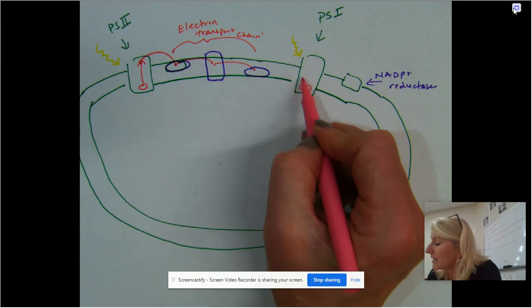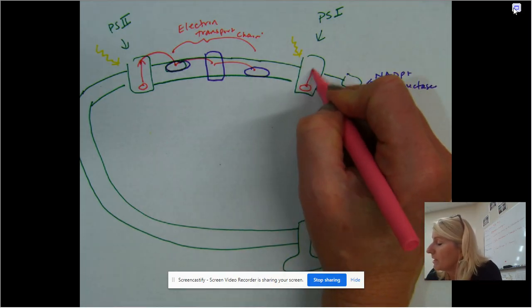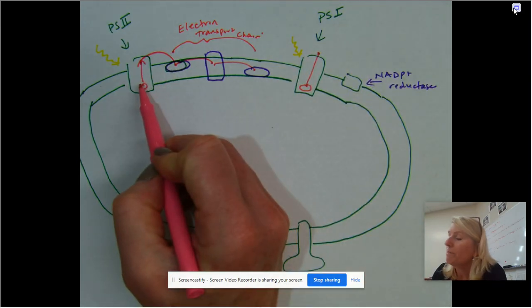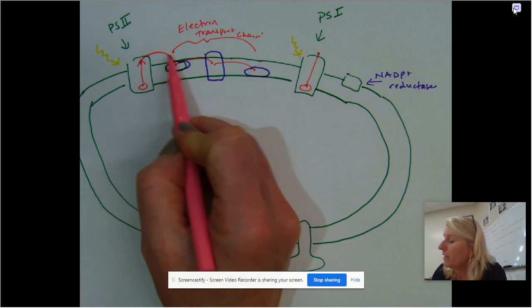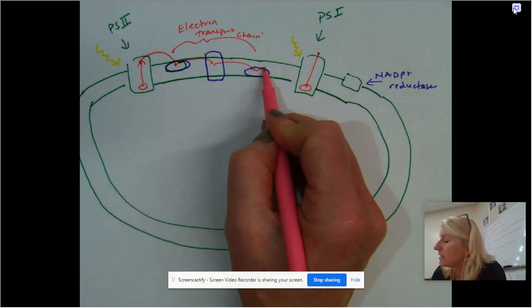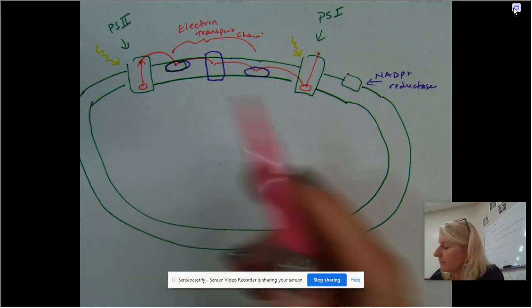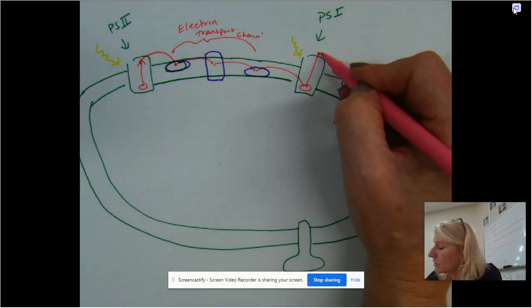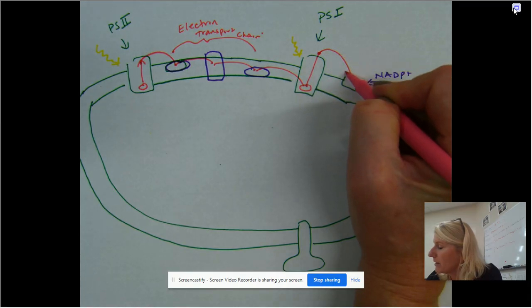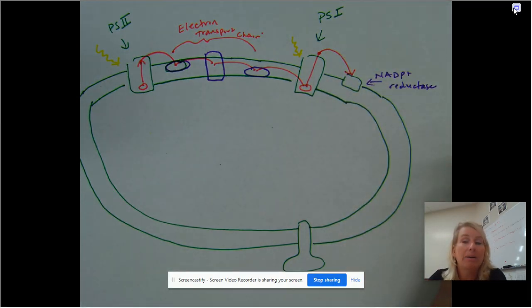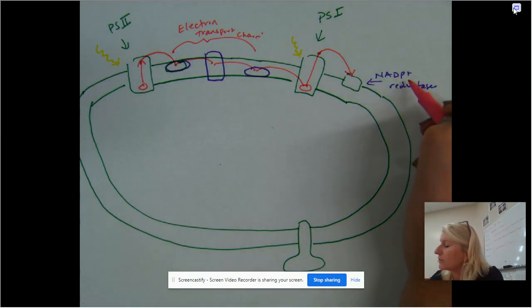Here was an electron that got excited by the sunlight and it jumped up too. So the one from PS2 is going to go wee, wee, wee and land right there at photosystem 1. The electron that jumped up from photosystem 1 is going to land over here on NADP plus reductase, and it's actually going to give its electron there.